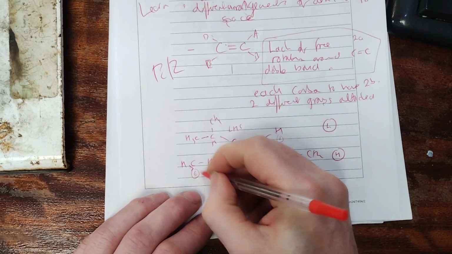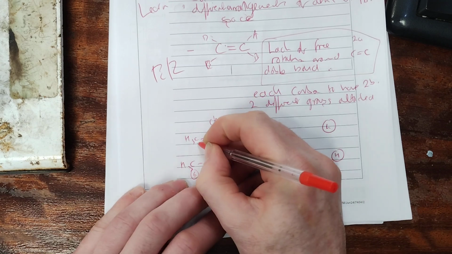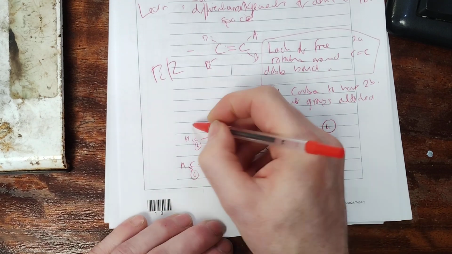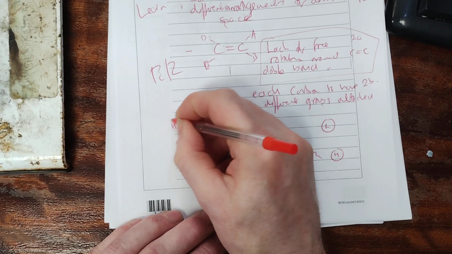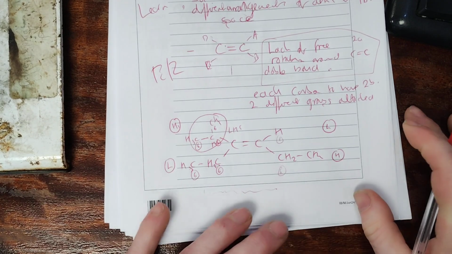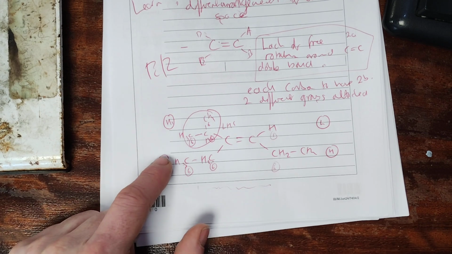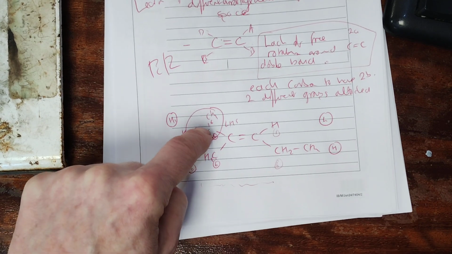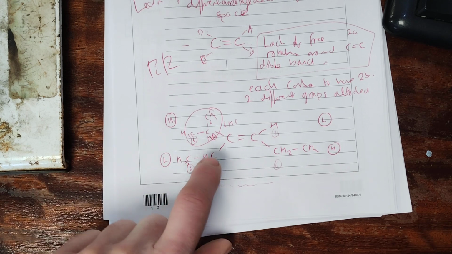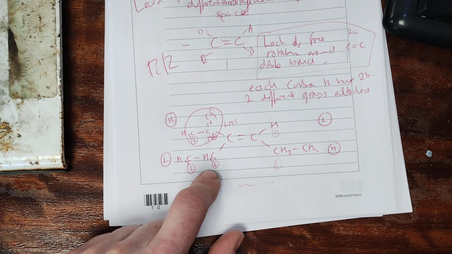This other group, with an atomic number of 6, is attached to a carbon, which is attached to another carbon. Any sort of mention that this group is a higher priority than this group will get you that mark. It says in here, has the student indicated in some way that this group that I'm pointing at is higher priority than this group because of the atomic numbers?